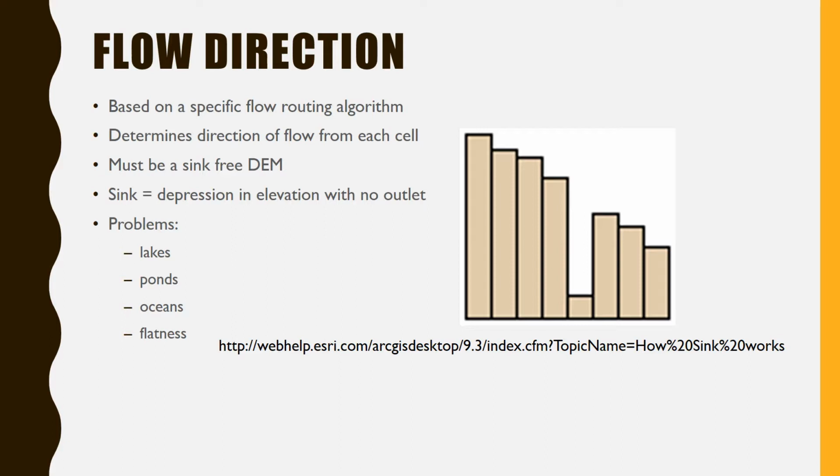The problem is that one wouldn't go anywhere because it is a sink. And so before we could do any real hydrology, we have to make sure that this DEM is free of sinks. And so we would do that. Now the problem is there are actual sinks, things like lakes and ponds and oceans. There's also areas that are just relatively flat, and that can create problems as well.